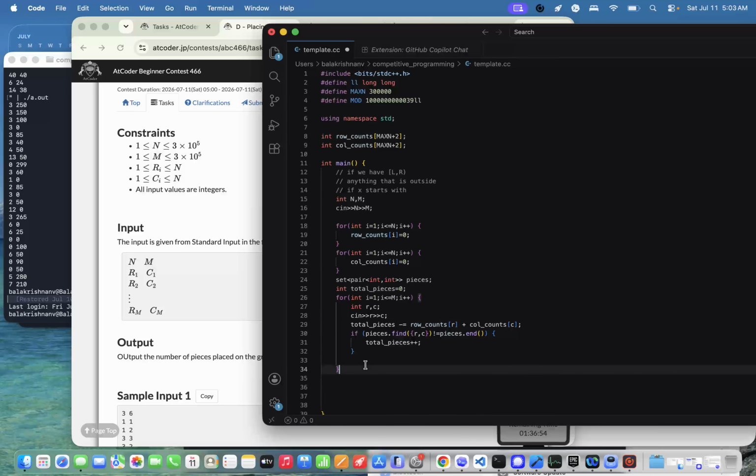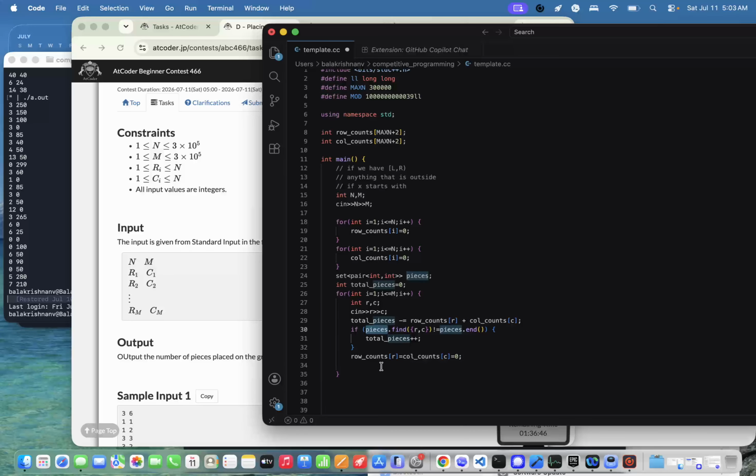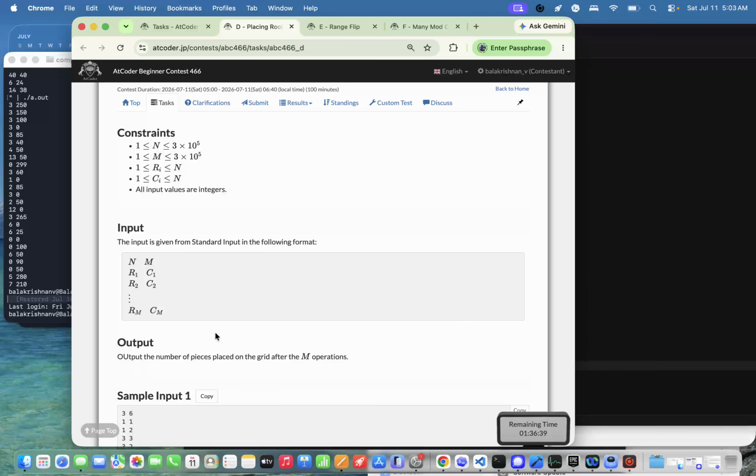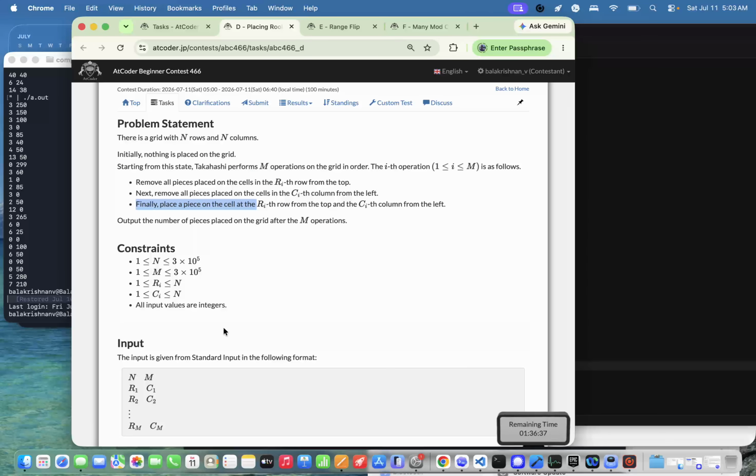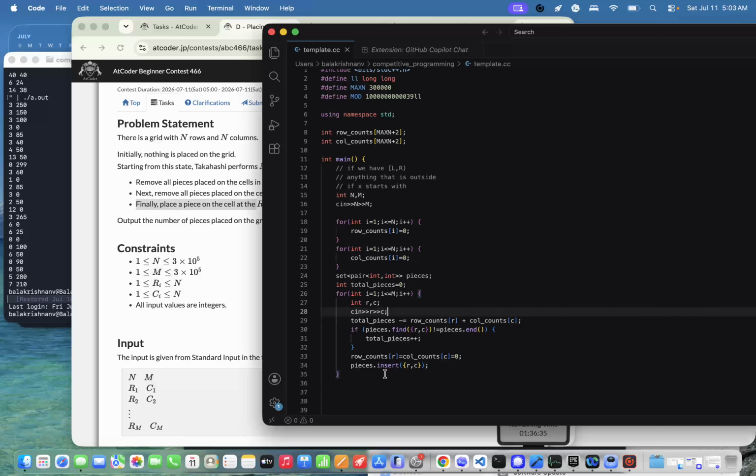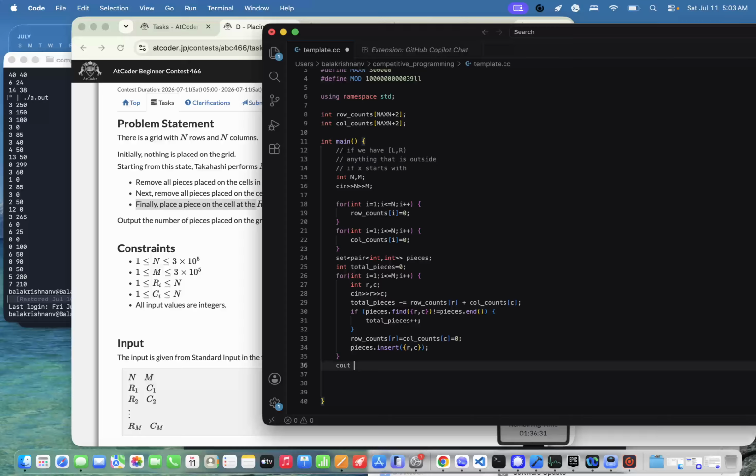Then you do row counts of R equal to col counts of C equal to 0, and pieces dot insert of R comma C, total pieces.